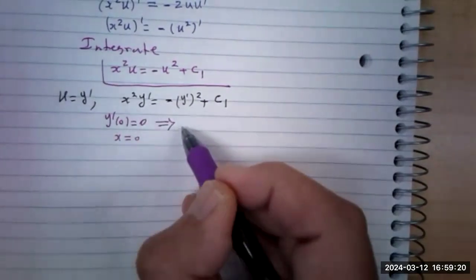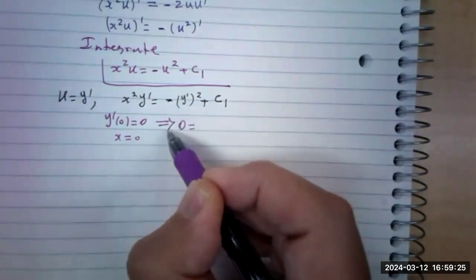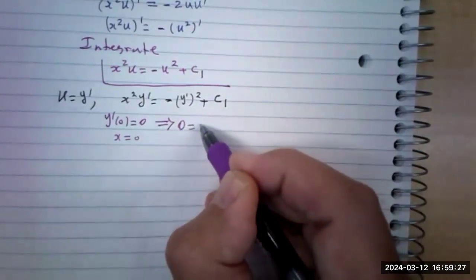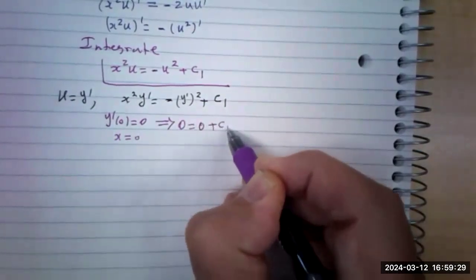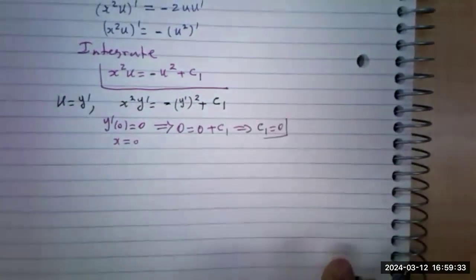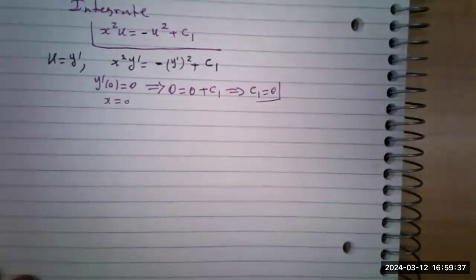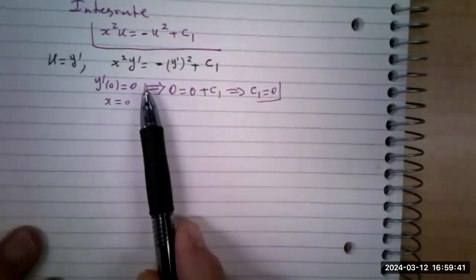And this is going to be 0 because y prime of 0 is 0. So that gives you 0 plus c1, so c1 is 0. It's very helpful. C1 is going to be 0, then we can continue solving that equation. Otherwise, it would not be possible.